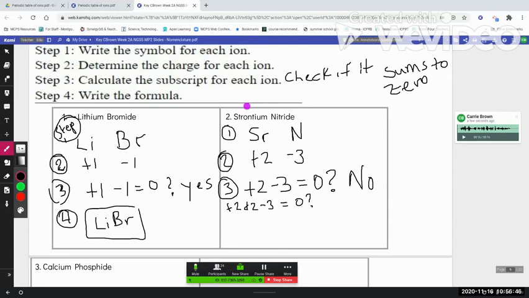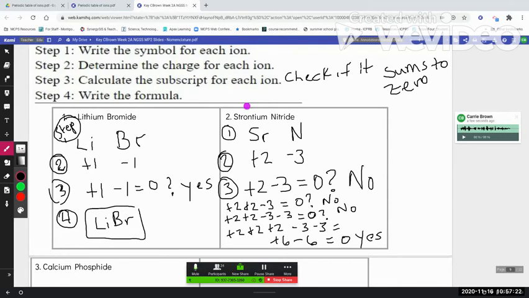This is a +4 -3, so no. If I do +2, +2, -3, -3, that's a +4 -6. That still doesn't equal 0. Okay, so we do a +2, +2, +2, -3, -3. I now have a +6, so this is really +6. This is -6, and it equals 0.